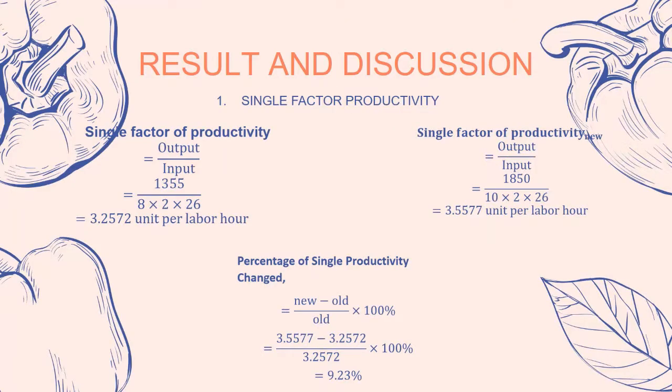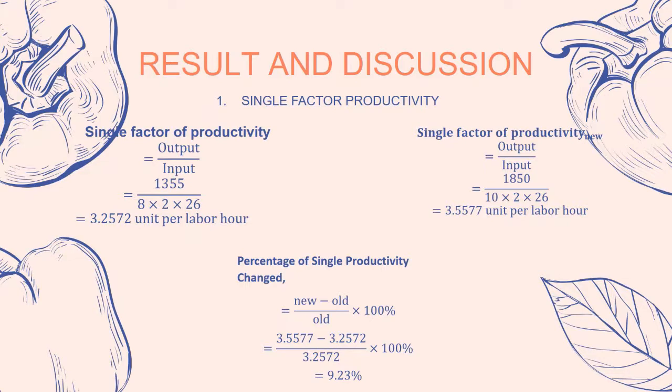For results and discussion, we calculate single factor productivity. On our left hand side, we calculate the single factor productivity, which is 3.2572 units per labor hour, and then we increase the working hours to 10, and we get the new one, which is 3.5577 units per labor hour.